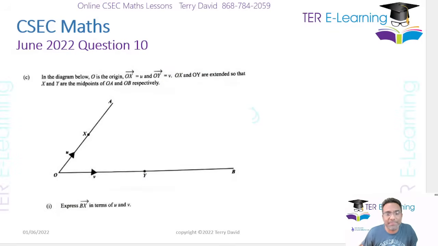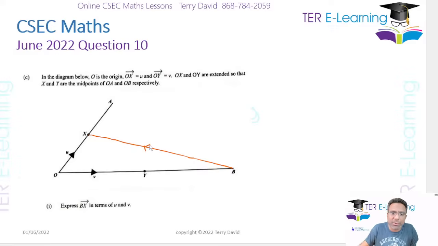It's a vector question. In the diagram, we have OX represented by U, OY is represented by V, and OX and OY extended, so that X and Y are the midpoints of OA and OB. Express BX in terms of U and V. Where is BX? So BX is this vector here.